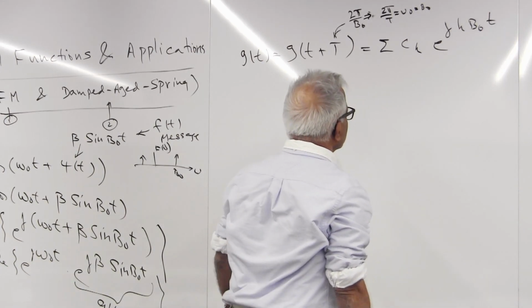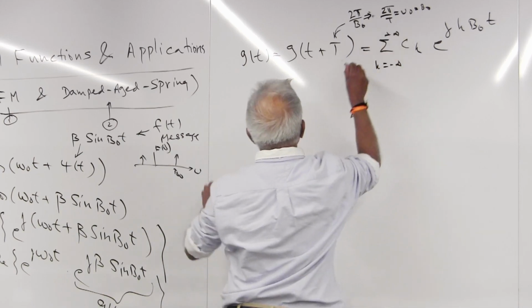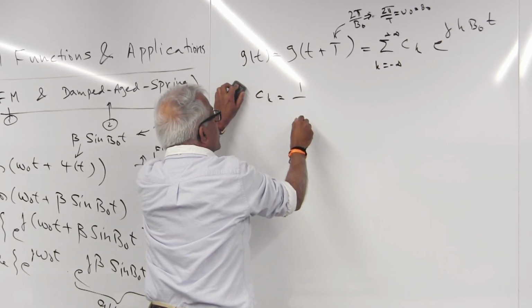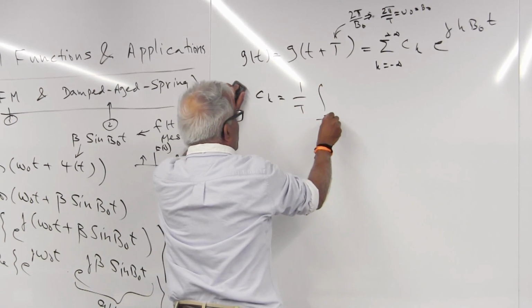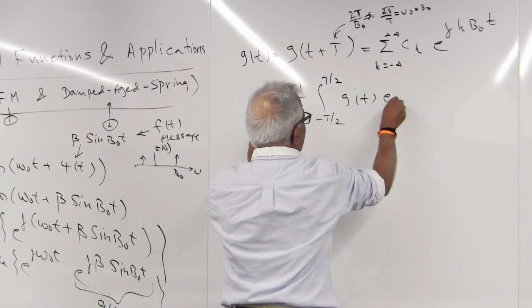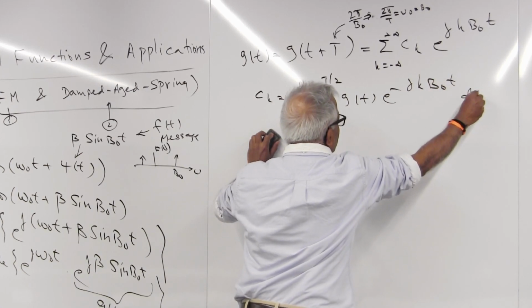So this expression is a sum for k from minus infinity to plus infinity, and the c k is 1 over the period, integral from minus T by 2 to T by 2 of g t e raised to minus jk b naught t dt.